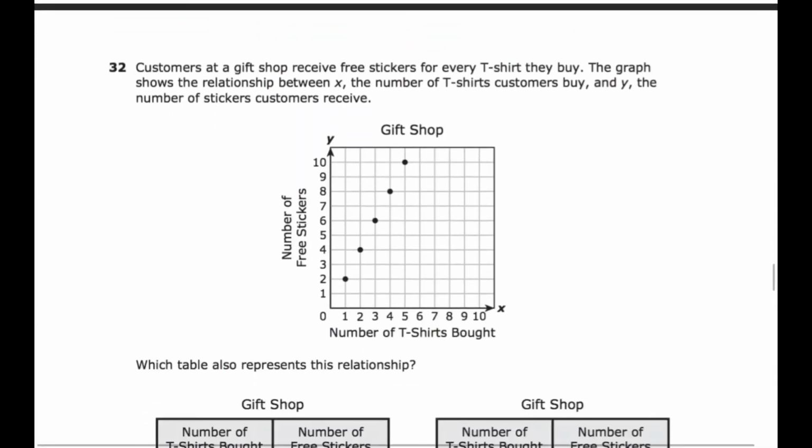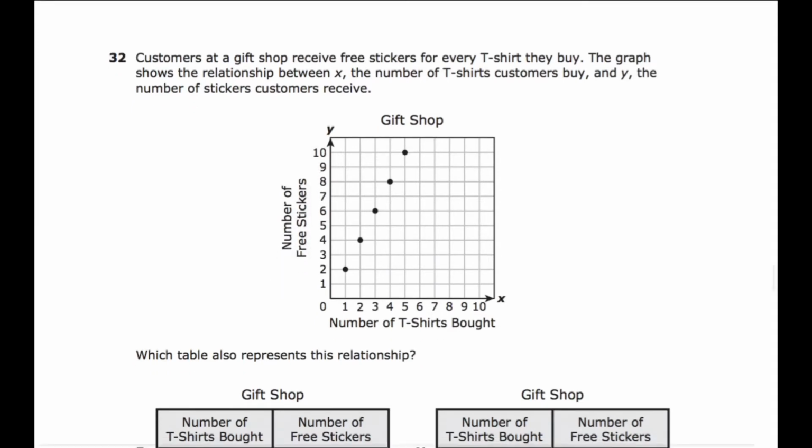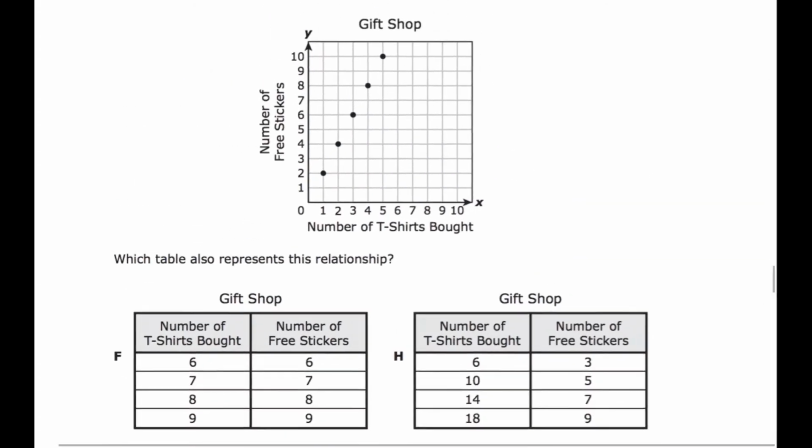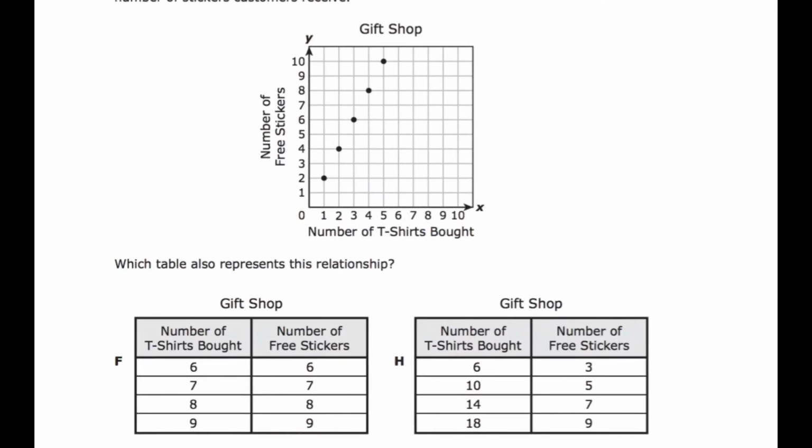Number 32. Customers at a gift shop receive free stickers for every t-shirt they buy. The graph shows the relationship between X, number of t-shirts, and Y, the number of stickers. T-shirts is on my X axis. What I notice is that 6, 3, 6, 6, 12, 6, 18, none of these are actually on my graph, because the highest my graph goes looks like 11.